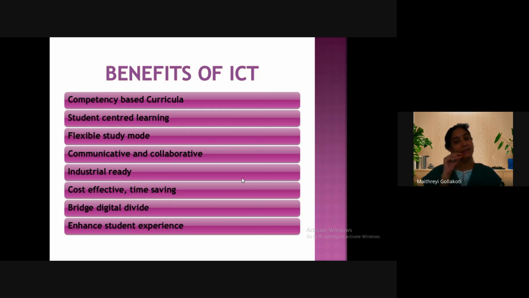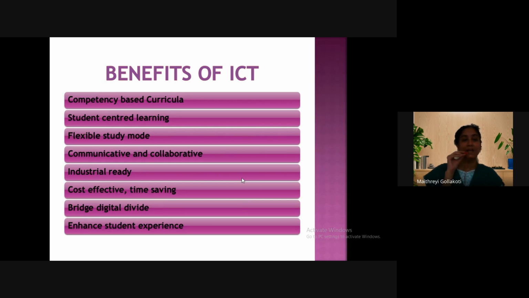The students get exposed to the industrial environment so easily that once they step into the industry for a job, they don't require much training. If they undergo all these things, they will be industry ready.